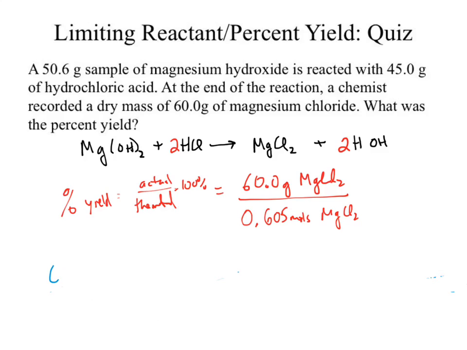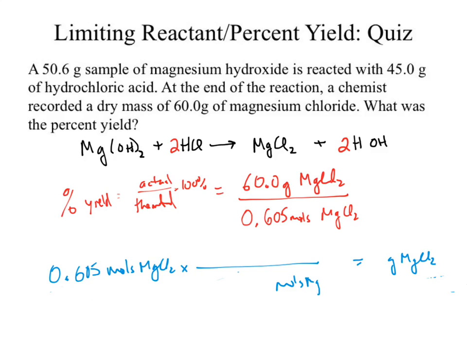We have our 0.605 moles of magnesium chloride. I want grams of magnesium chloride. Is there a relationship between the moles of magnesium chloride and the grams of magnesium chloride? Yeah. Where's that relationship found? From our periodic table.